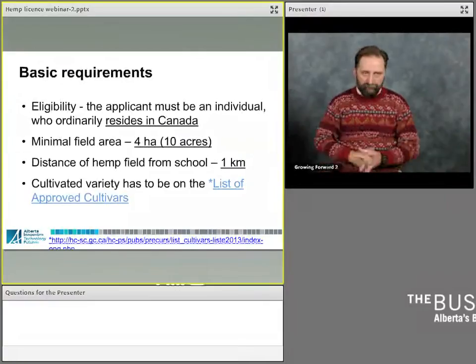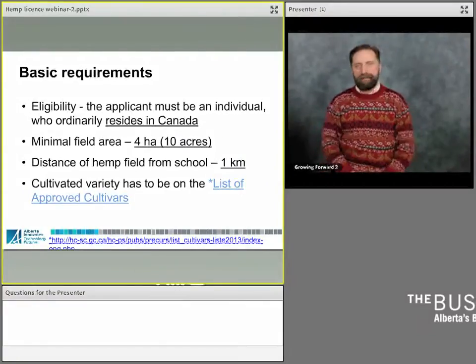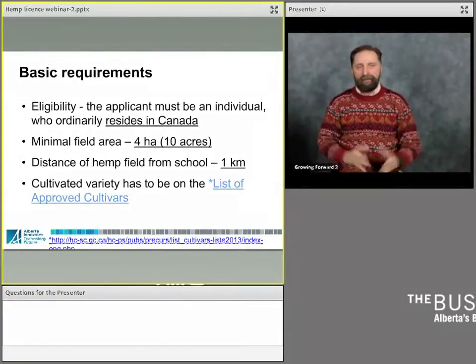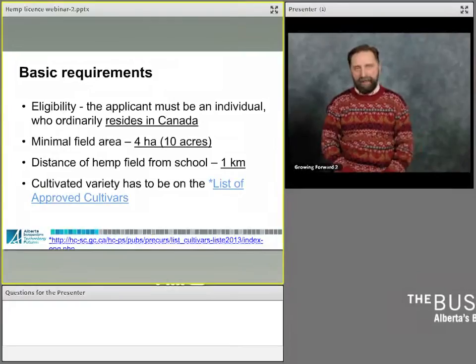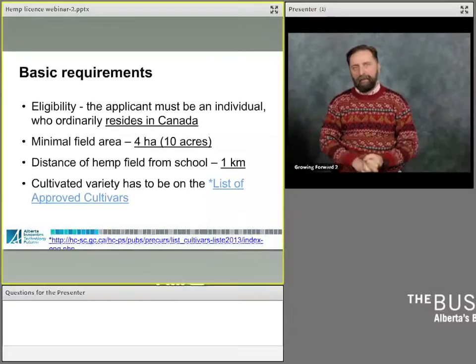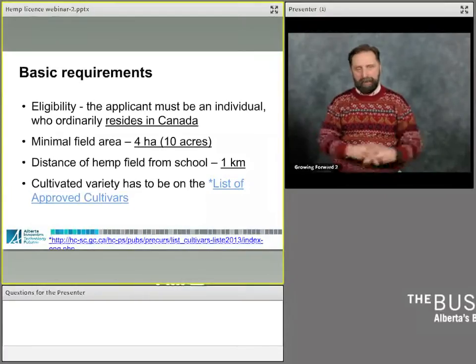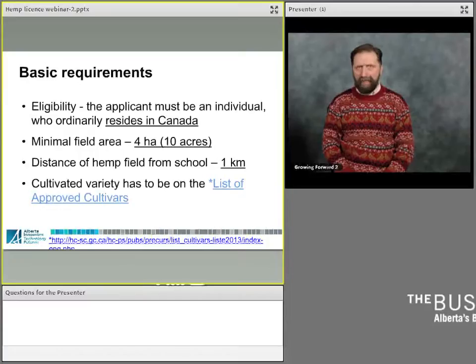Okay, if you want to enter this industry, you have to be, first of all, eligible to apply for the license. And who is eligible? Applicant who resides in Canada. Why is this requirement so important? Because we are getting people coming from other countries. For example, from China.